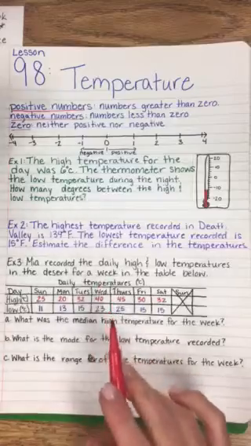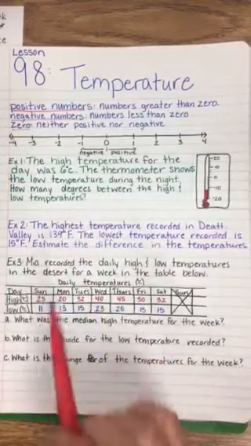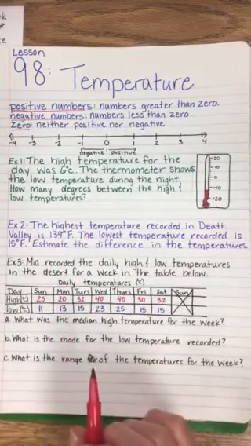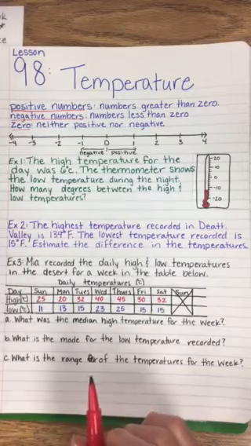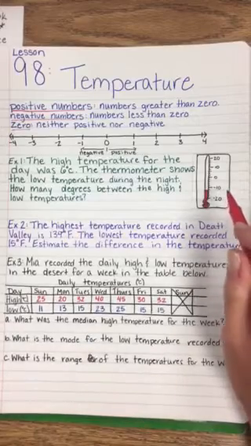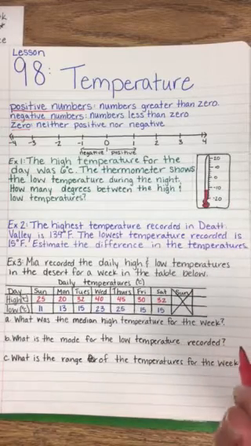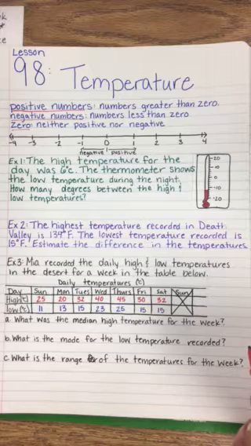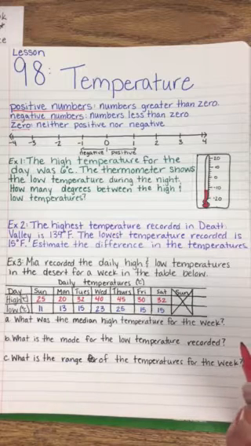So, example 1. The high temperature for the day was 6 degrees Celsius. The thermometer shows the low temperature during the night. How many degrees between the high and the low temperature?